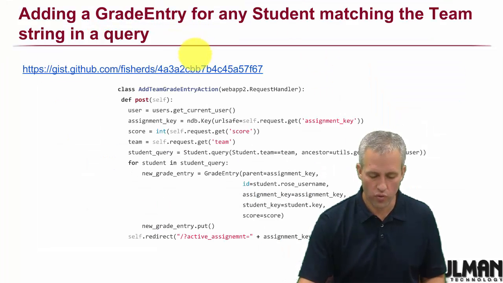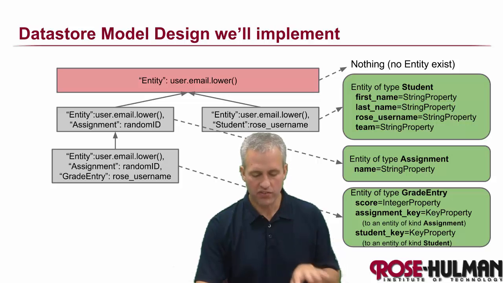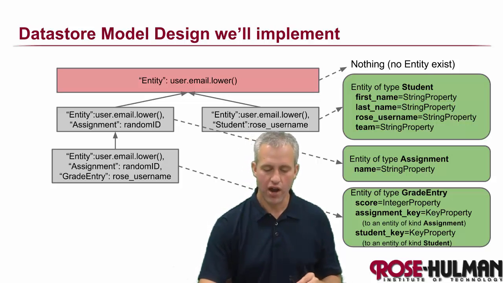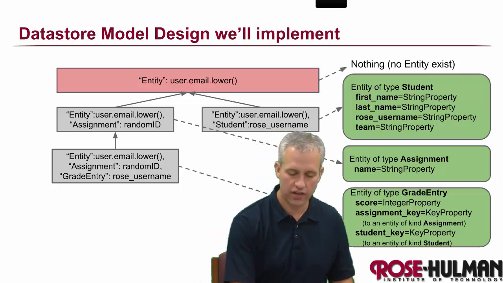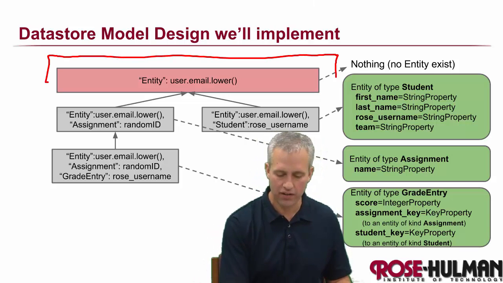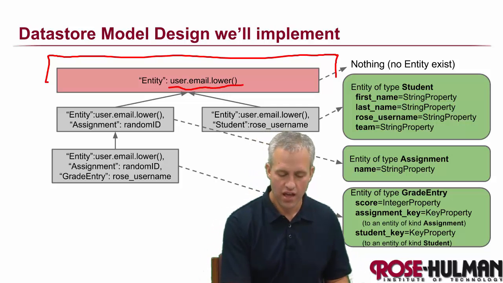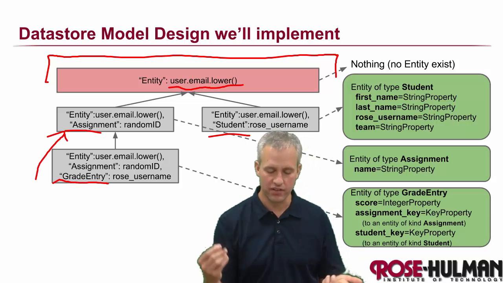The moral of the story on this app, I think, is best described by this picture right here, right? So this is describing our data model. We had this really clever thing where everybody has a parent that's based on the email address of the person that's in, and then we had assignments and students, and then we had grade entries, which pointed up at the assignment.